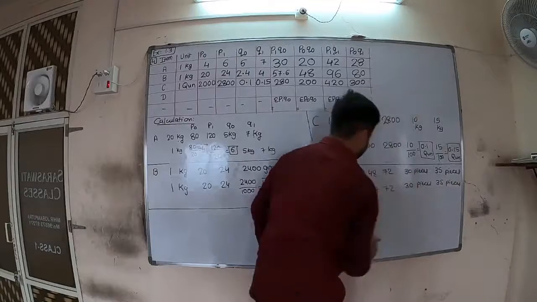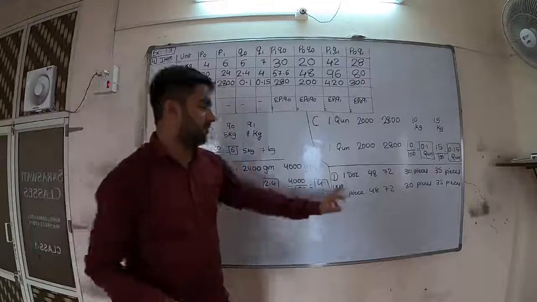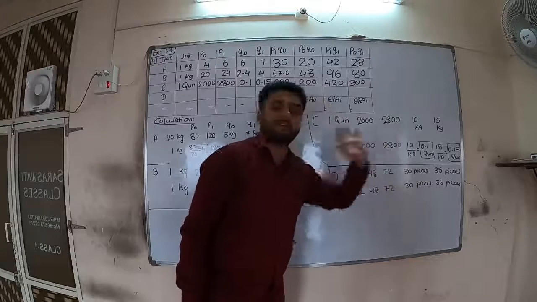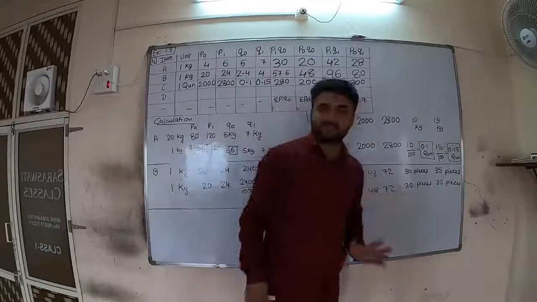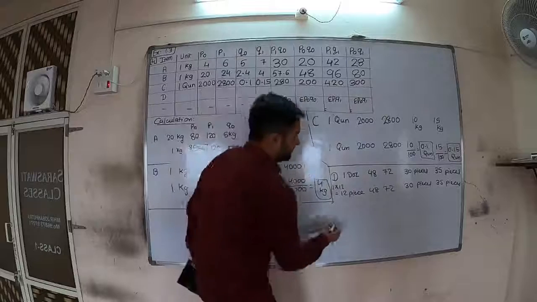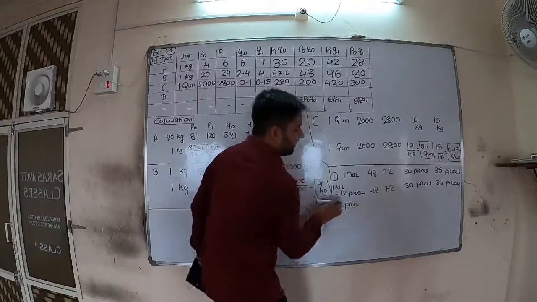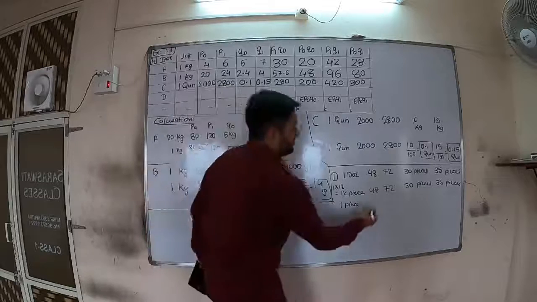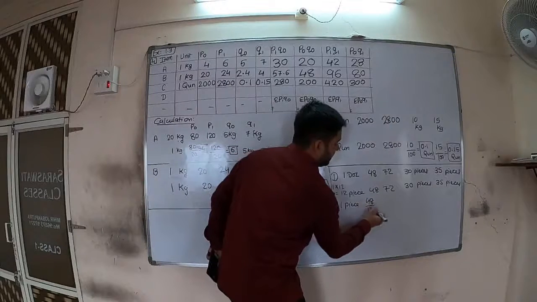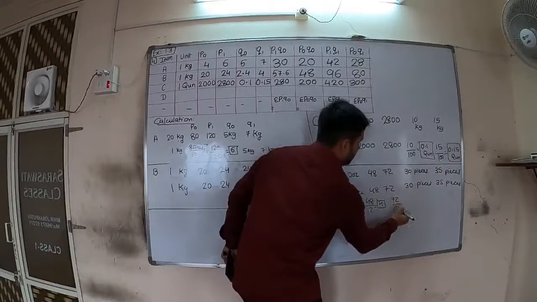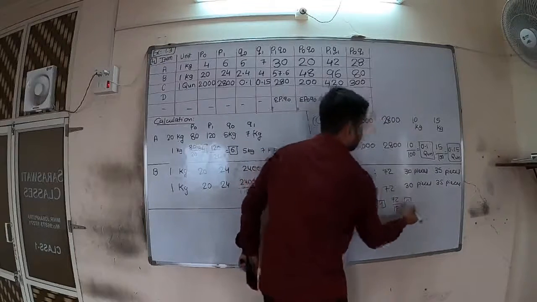See, again I have written what we have done: from dozen to piece, 1 into 12, so 12 piece, 48, 72, 30, 35. So piece, piece, piece. Horizontally the units are the same. Now one piece. Why do we have to do one piece? Because we always need unit 1. So 48 by 12 is 4, 72 by 12 is 6.